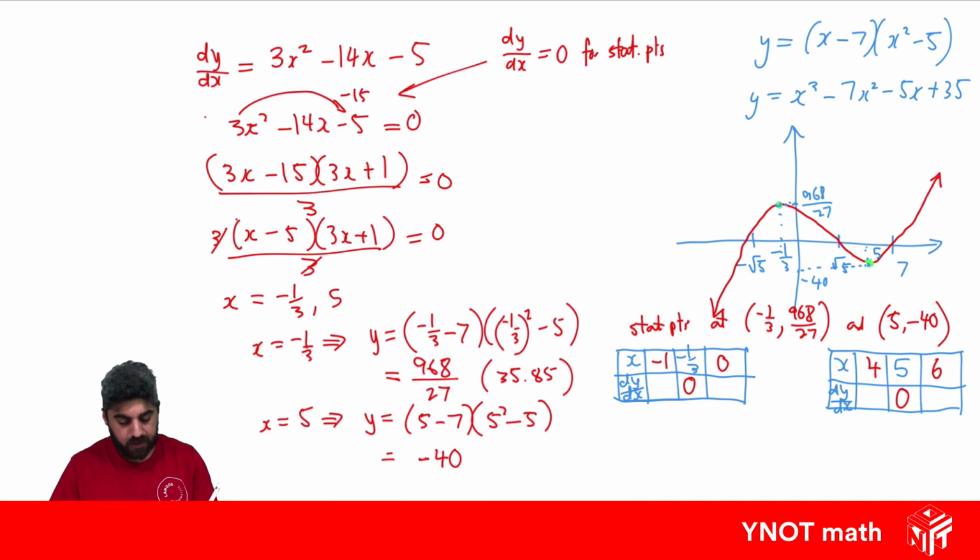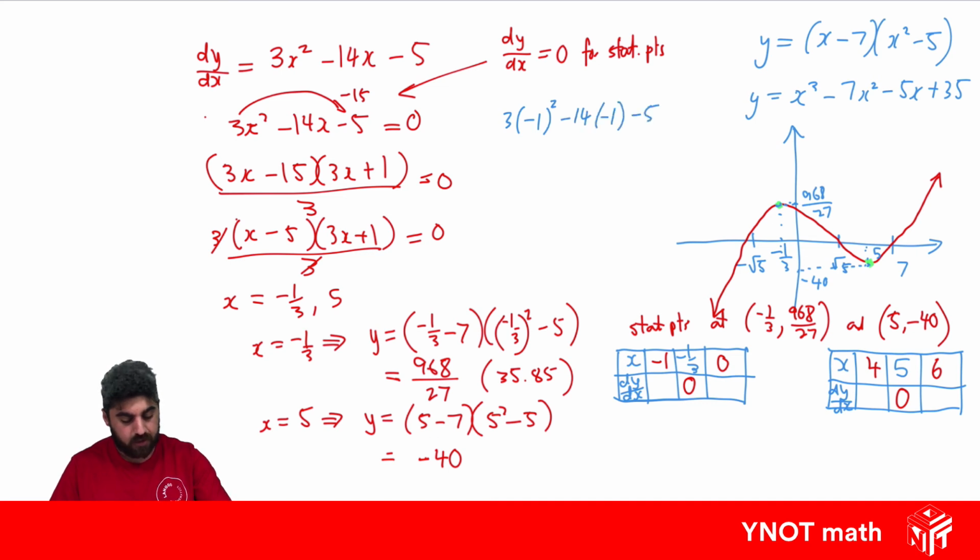So subbing in minus 1 into our first derivative, which is all the way up here. I'm just going to do that up here. So let's sub in minus 1. So we get 3 times minus 1 squared minus 14 times minus 1 minus 5.